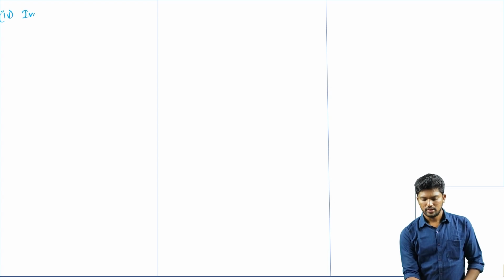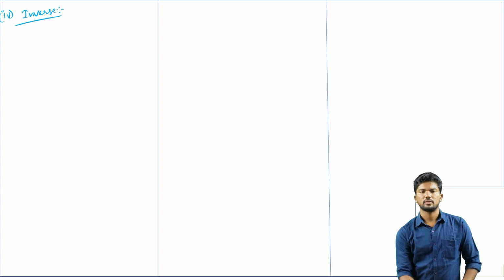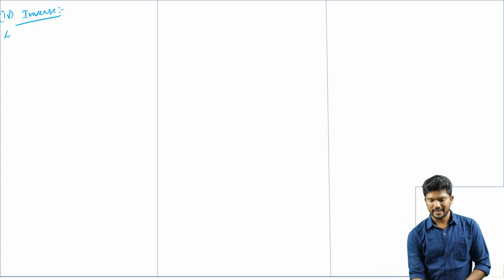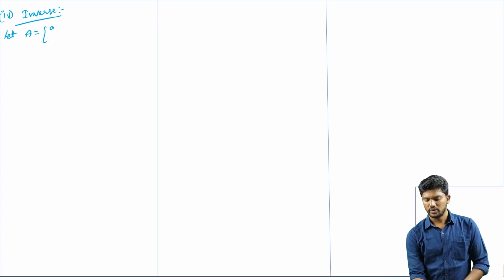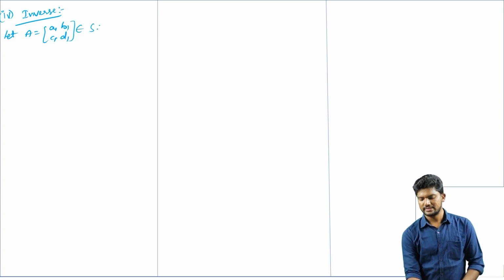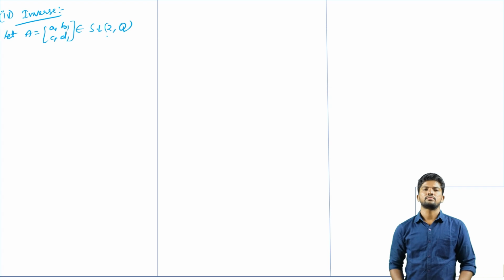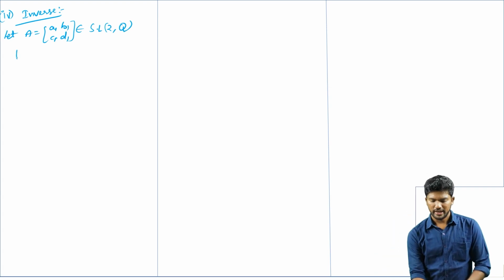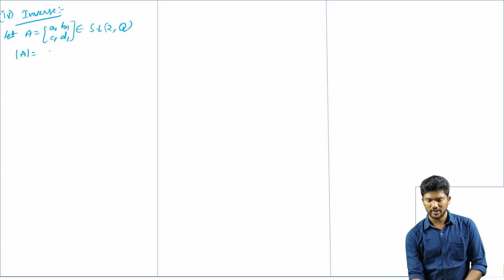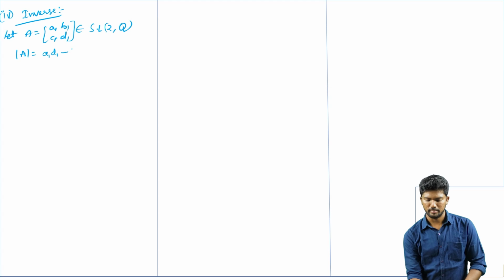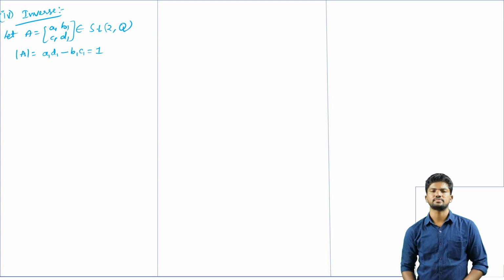In this inverse condition, let capital A is equal to A1 B1 C1 D1 belong to SL(2, Q). So here det of A is equal to A1 D1 minus B1 C1 is equal to 1.